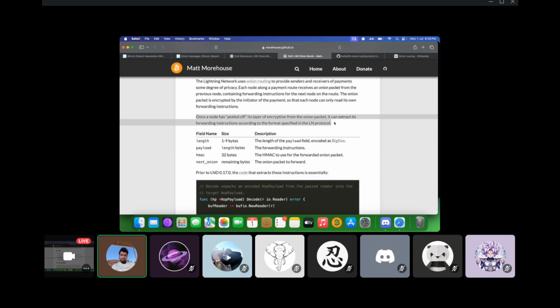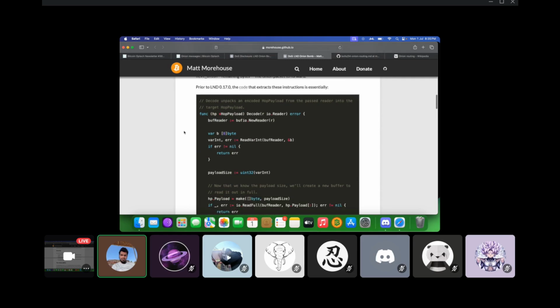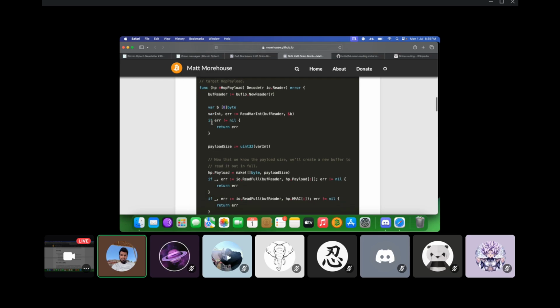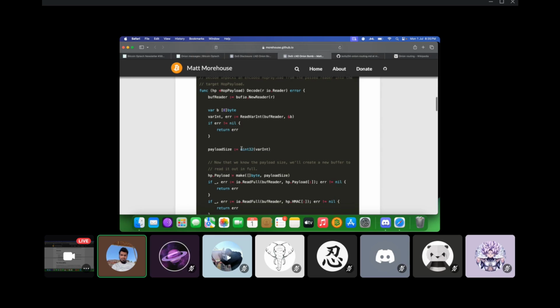So this is how the code looked prior to LND 0.17.0. All the versions of LND, which I repeat is an implementation of the Lightning Network, previous to this specific version 0.17.0, this is how the code that parsed the payload looked. Basically your payload size was uint32, and there was no checking being done.